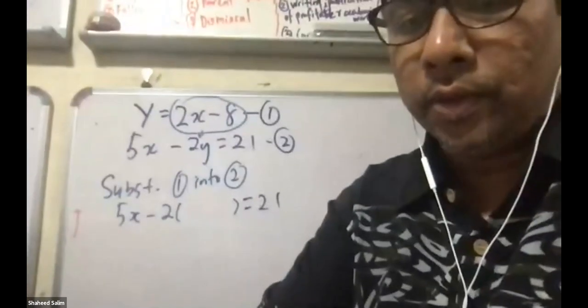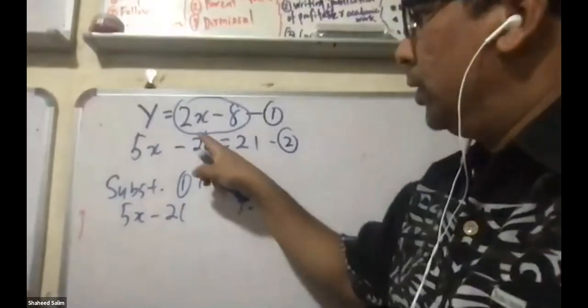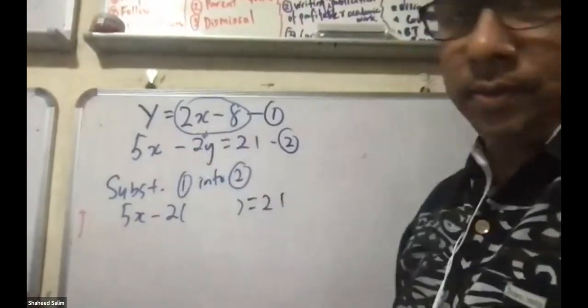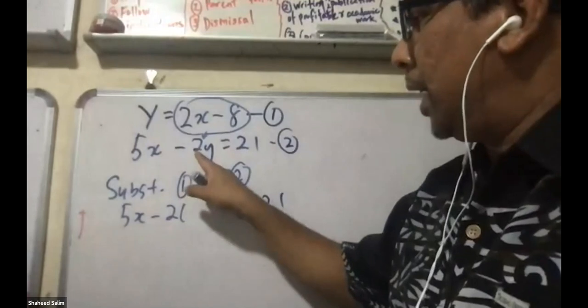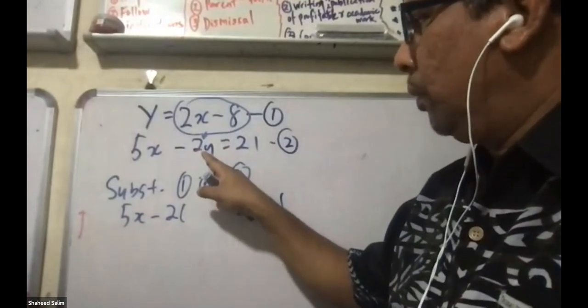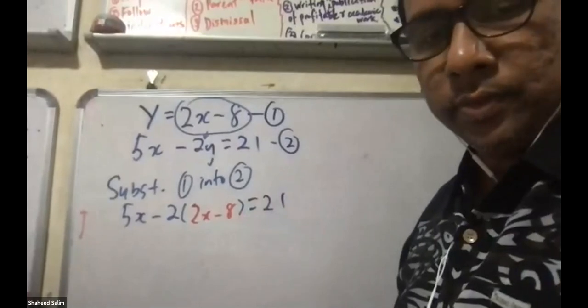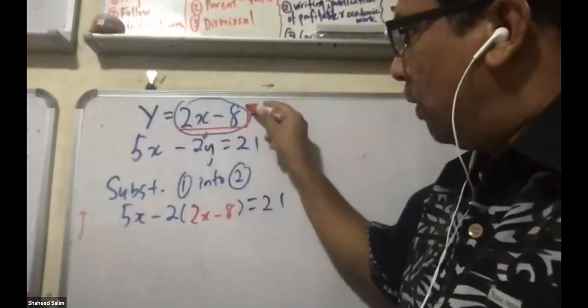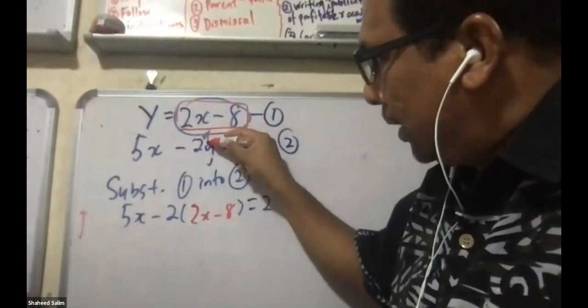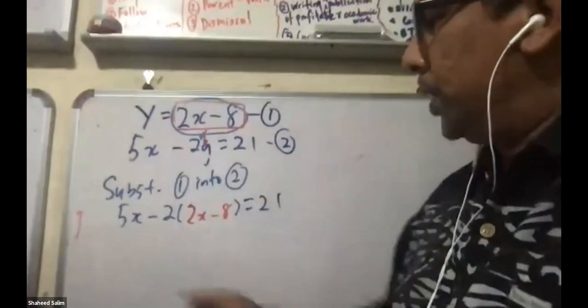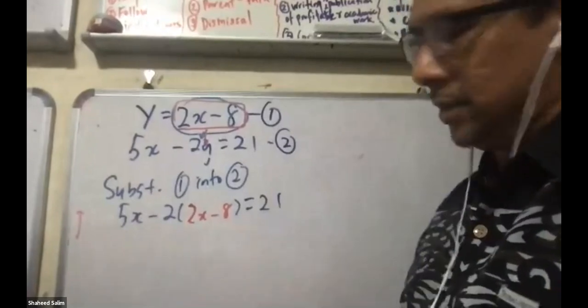Now down here, the value of y they give you is 2x minus 8. Then in the other equation there is 2y. What is y? According to the first one, y is 2x minus 8. I put the value here, 2x minus 8, inside the y here. Once I put it, you see there's no more y, only x.